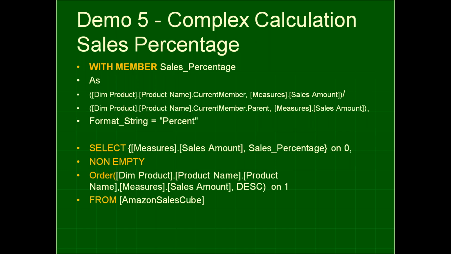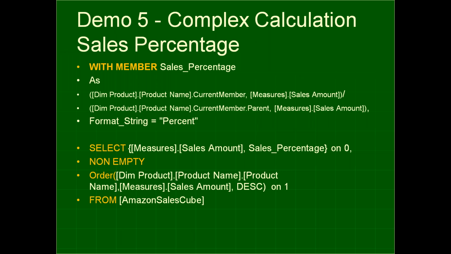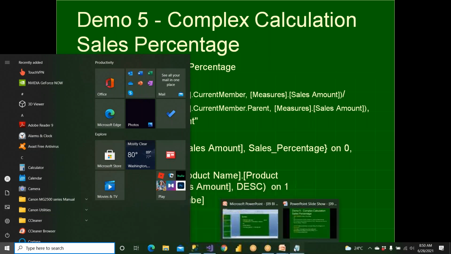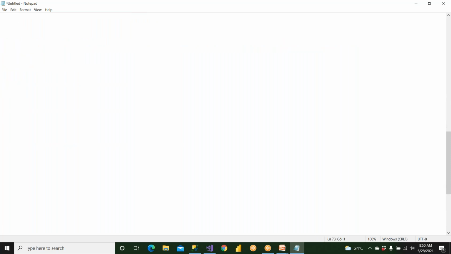Clear? So now, I wanted to calculate complex calculations, right? So many times you will be asked. For example, you are selling a lot of products, right? So a product is called furniture.